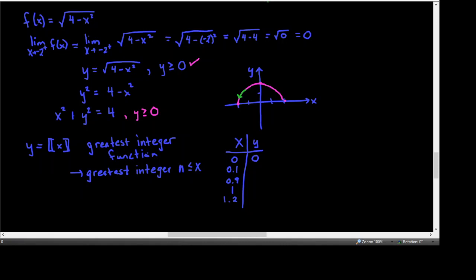What's the greatest integer that's less than or equal to 0.1? That's 0. What's the greatest integer that's less than or equal to 0.9? Still 0. So this is not the rounding function. Be careful. When x is 1, what's the greatest integer that is less than or equal to 1? That's 1. The greatest integer that's less than or equal to 1.2? Still 1. 1.8? Still 1.